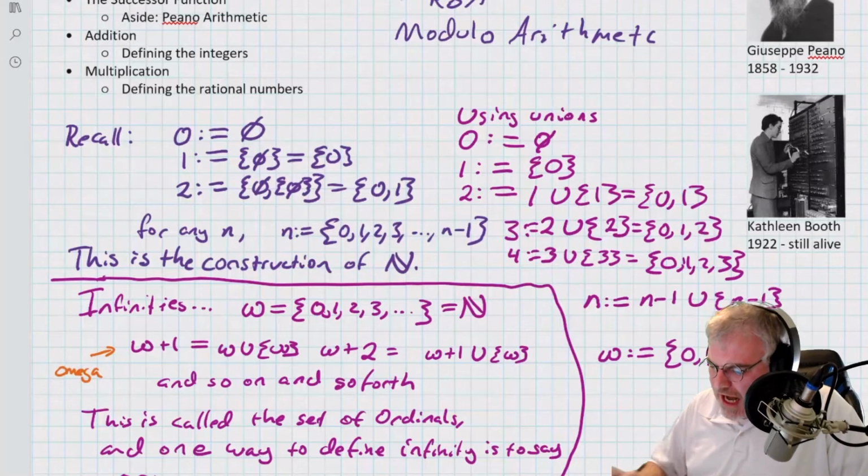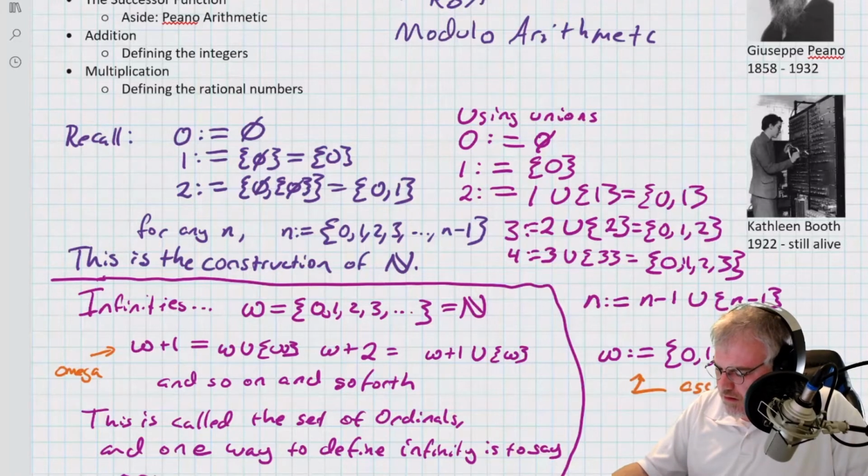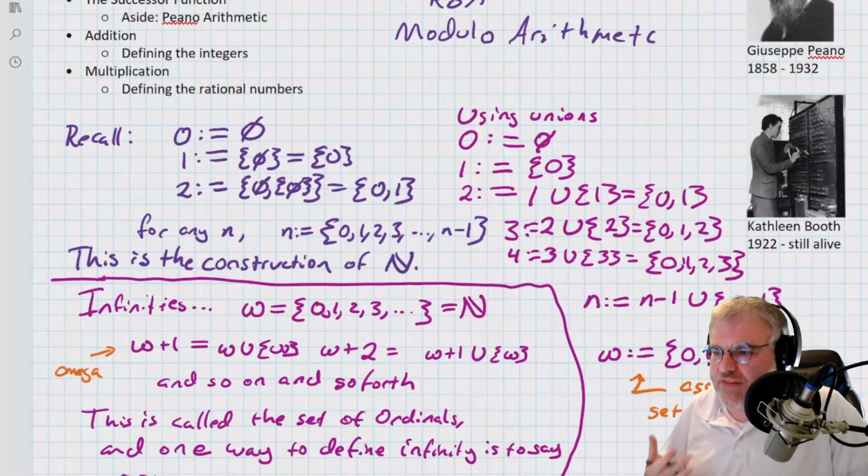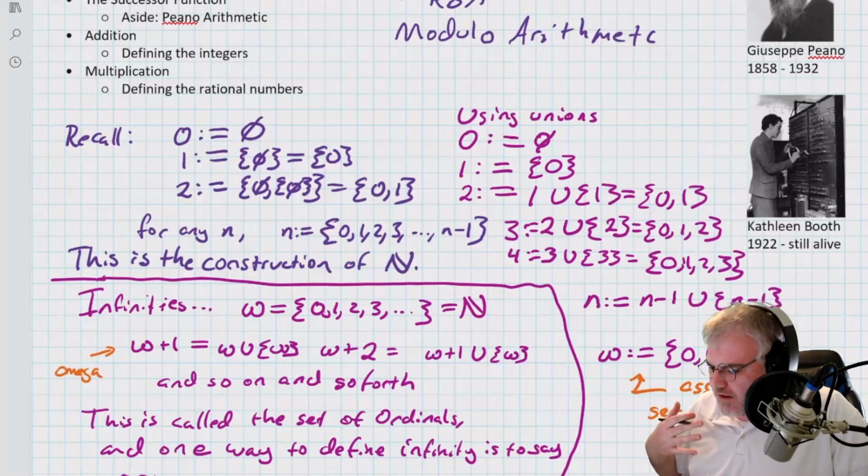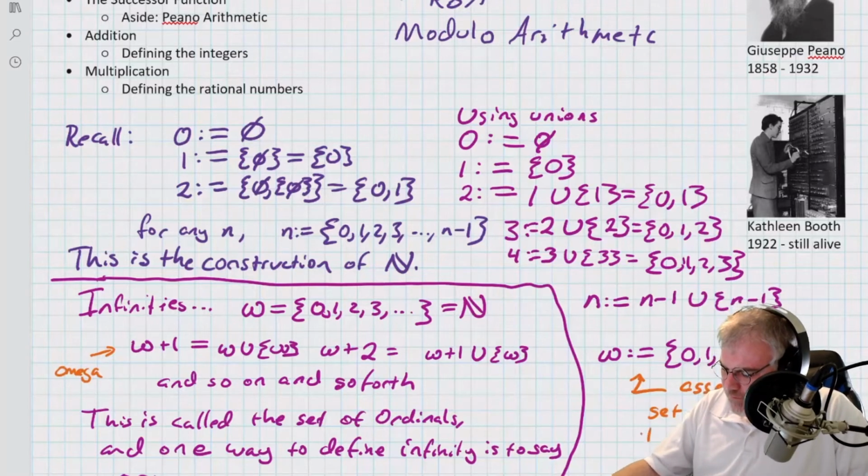And remember, I have to assert this set exists. Right? I can't prove that that set exists. It has to be an axiom. Right? I can't prove it.